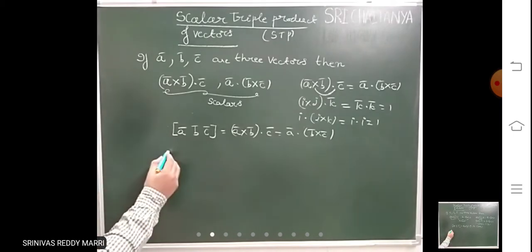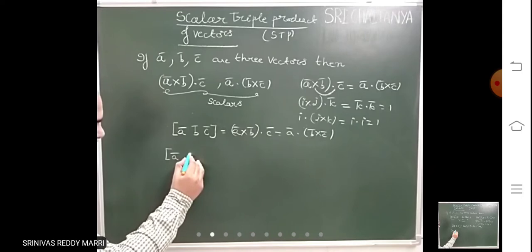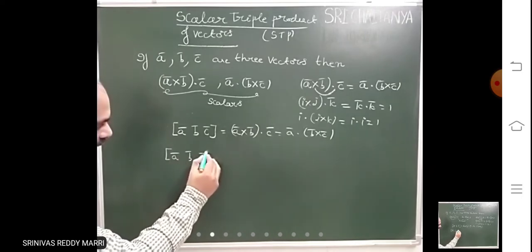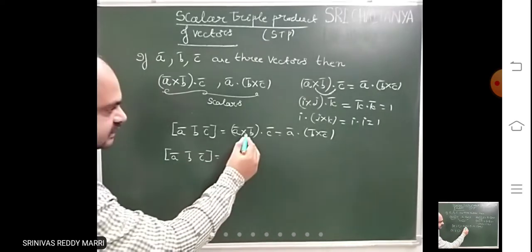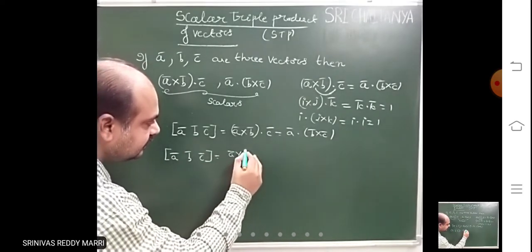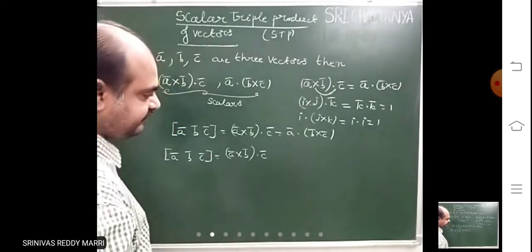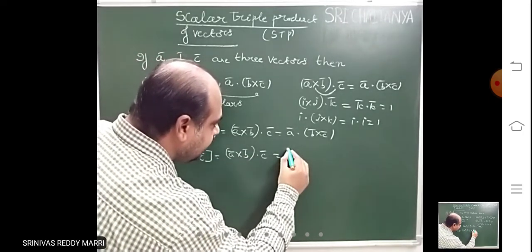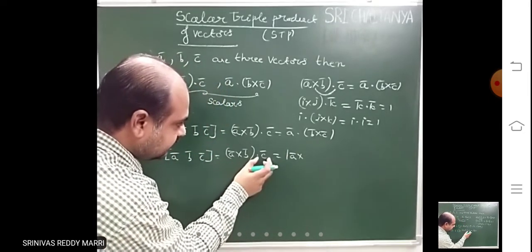Look at it. Suppose box of A bar, B bar, C bar. If you take this definition, you can write it like this. This is one vector, this is one vector.